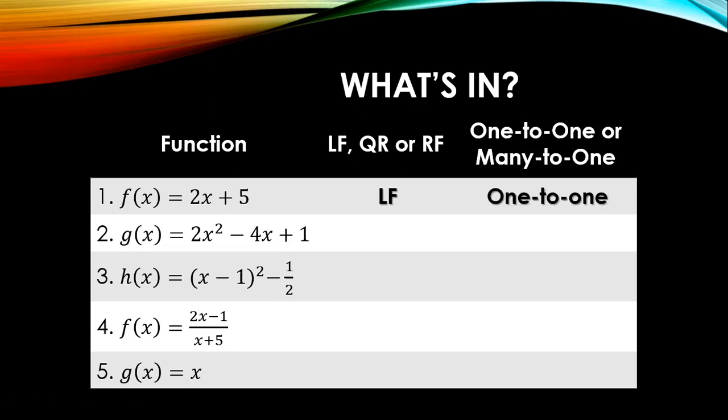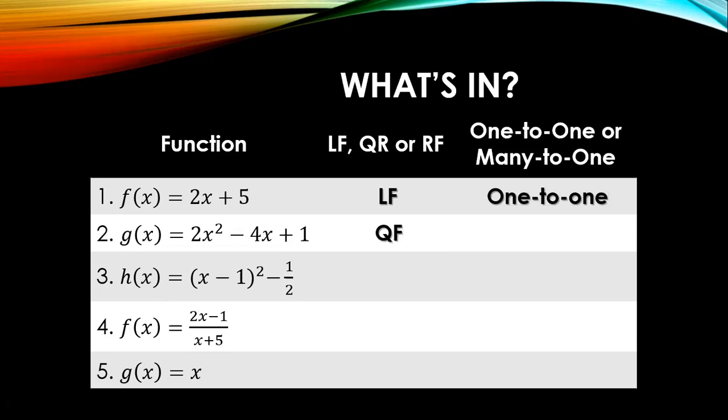Okay po. So number 2, g of x is equal to 2x squared minus 4x plus 1. Nakakita na tayo ng exponent na 2. So hindi na siya linear function agad. So quadratic ba or rational? So this is a quadratic function.